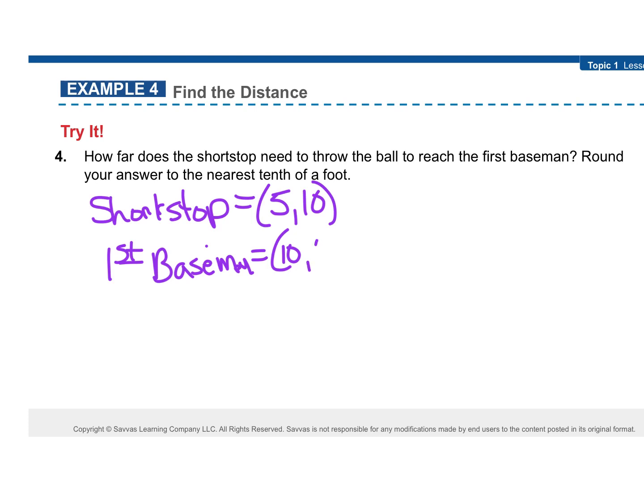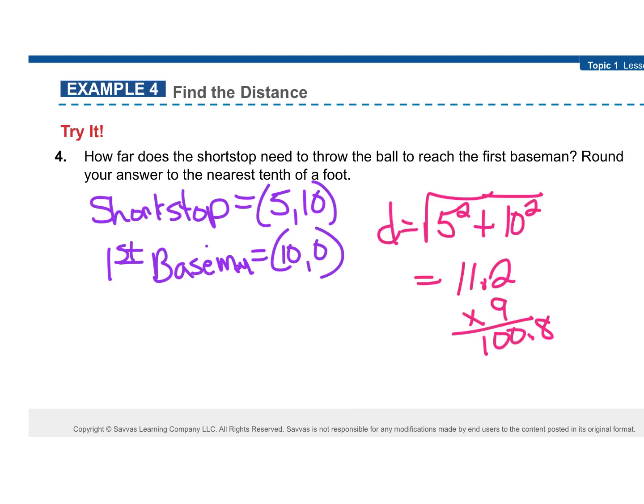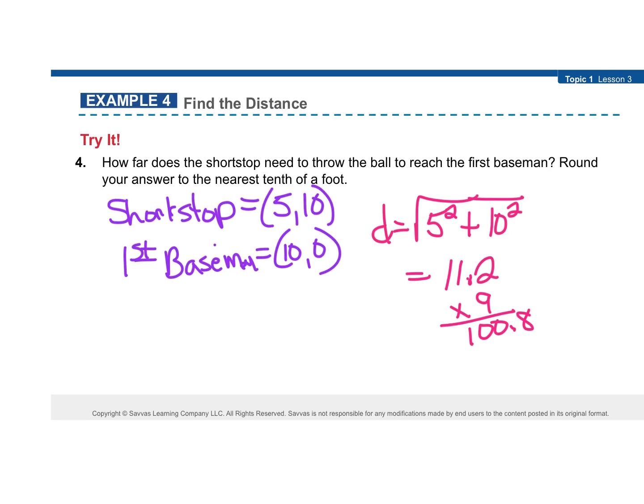So find the distance between these, and then come back and check your answer. Okay, so hopefully you got 11.2, and remember it is 9 feet for each little block. So that's why I'm multiplying it by 9.